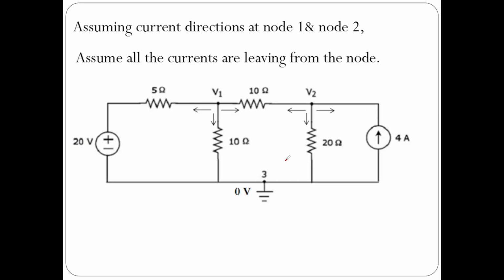Now let us assume at node 1, where the node voltage is V1, all the currents are leaving the node. You can assume any current direction; either all currents are entering, or some entering and some leaving. You can assume as you wish. So here I have assumed at node 1 and node 2 currents are leaving the node. All these three currents, if you see, they are leaving the node. And at node 3, the node voltage is 0.